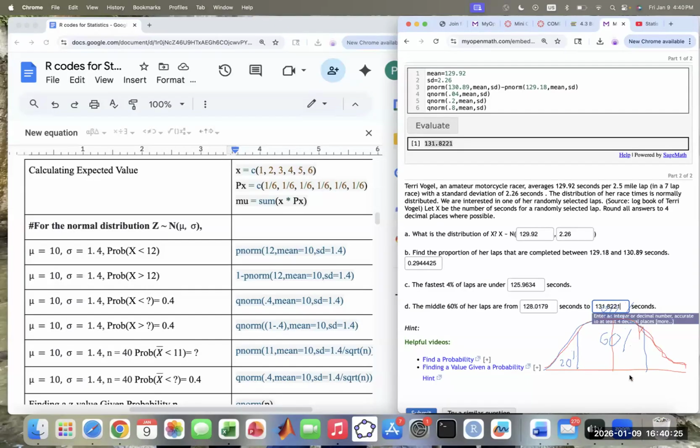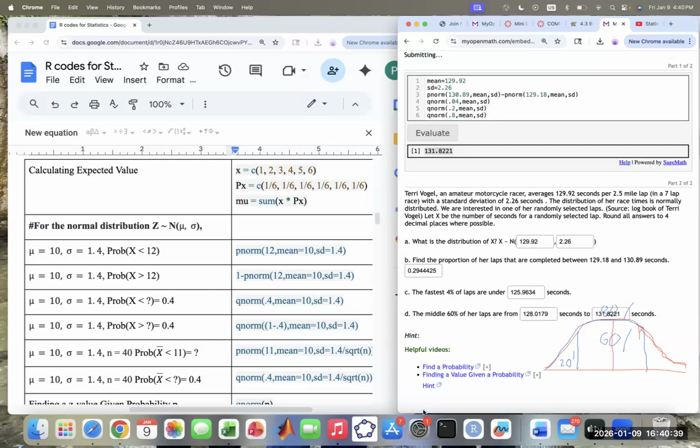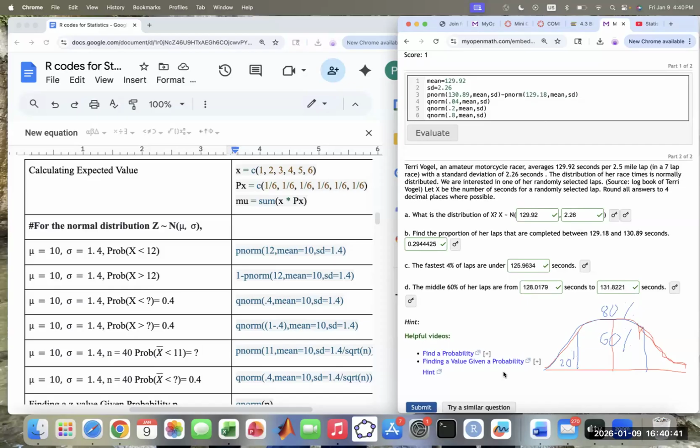So she's really fast and very consistent. This is the middle 60% of her laps. I should have all the correct answers right here. If you want to practice more like this, go to the question below, get the question and practice again. Watch the video again if you need it. I hope it helped.